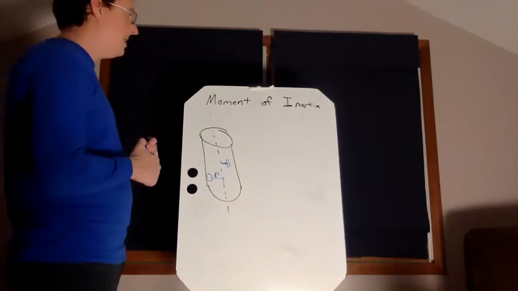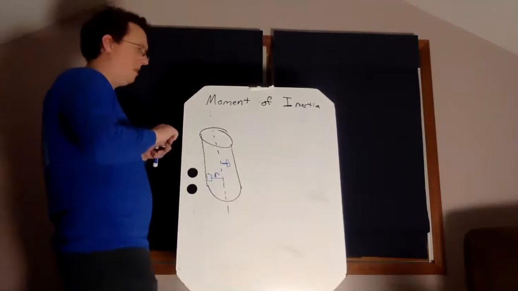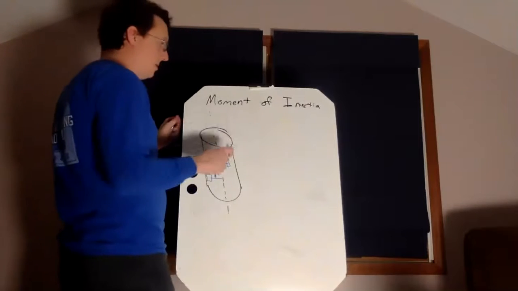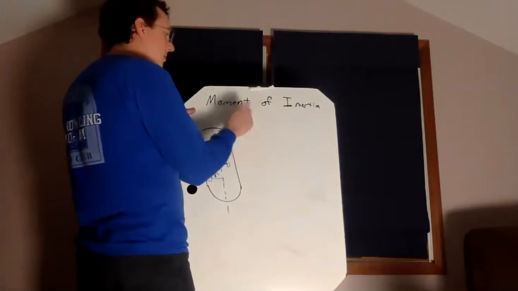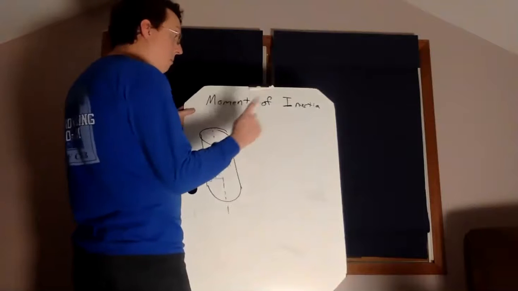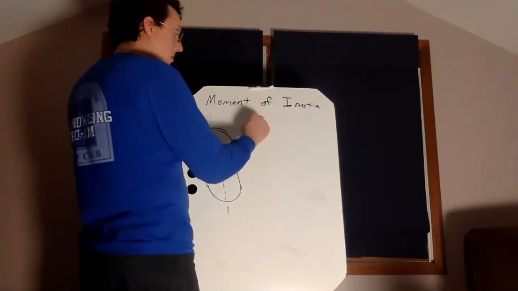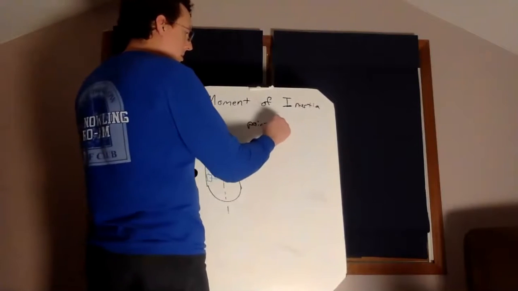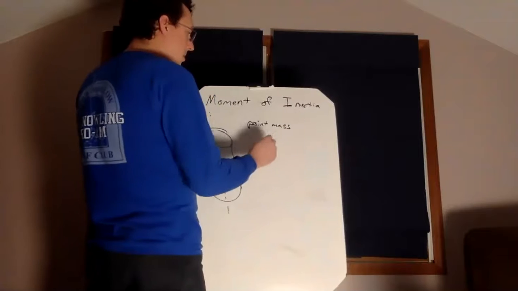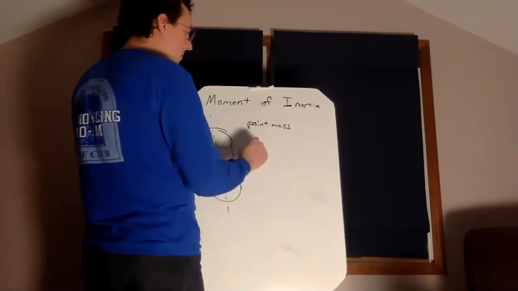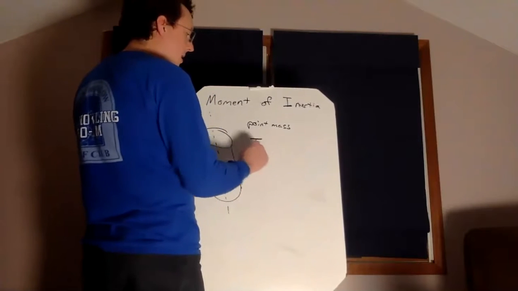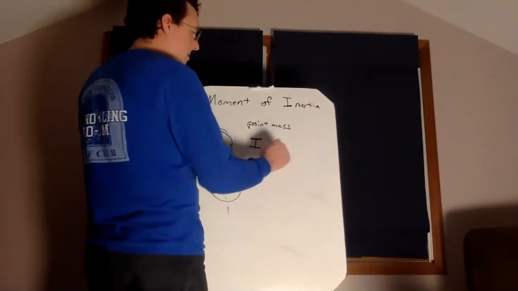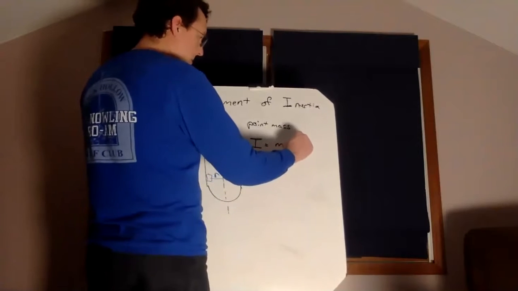And the definition of moment of inertia is just going to be defined to be this. For a one point mass, moment of inertia, the symbol for it is I, and it's the mass times R squared.